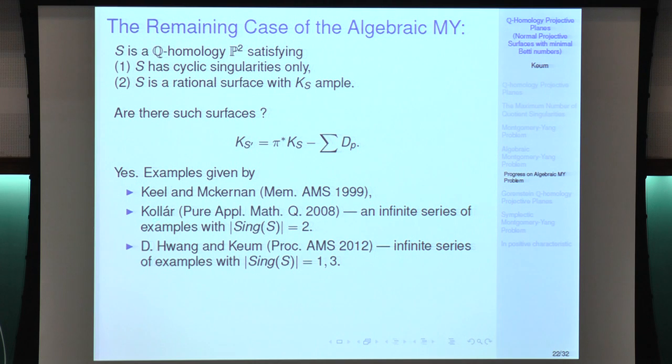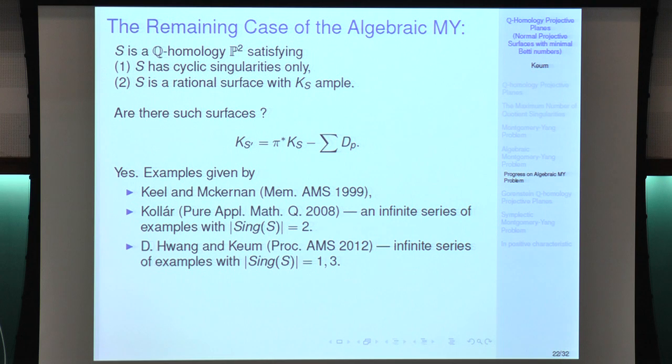Also, Kollár's example is not coming from blow up and blow down of P2. He played with a certain hypersurface in weighted projective 3-dimensional space. And this hypersurface contains 2 skew lines.